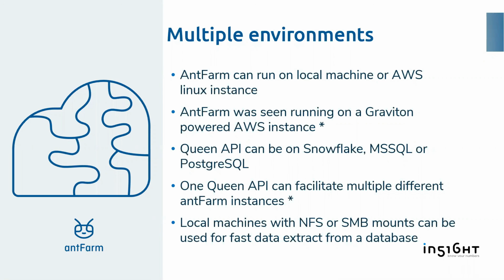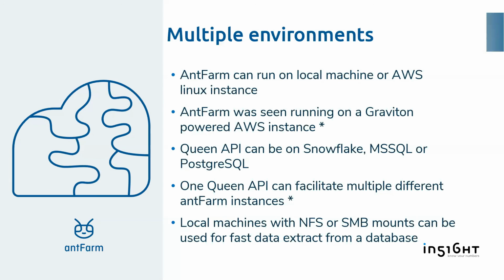So, for example, once we have built this one Queen API, and we want to test the performance of, I don't know, an AWS instance, all we need to do is create these different AWS instances, connect to the same Queen API, and then run tests and compare the numbers.